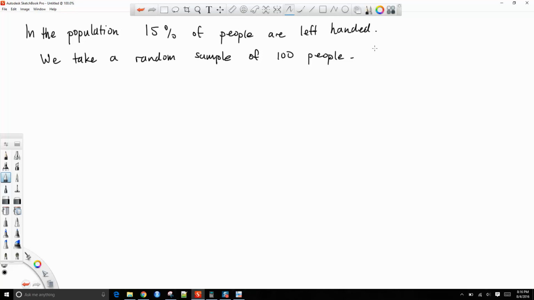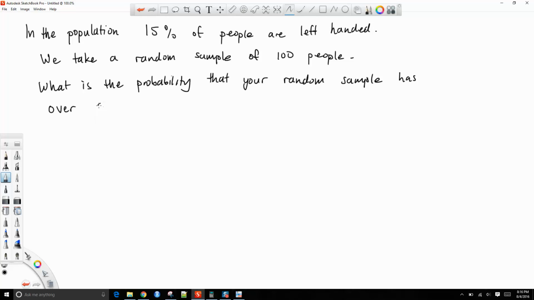We take a random sample of 100 people, and we want to know what is the probability that your random sample has 20% or more of the people being left-handed.